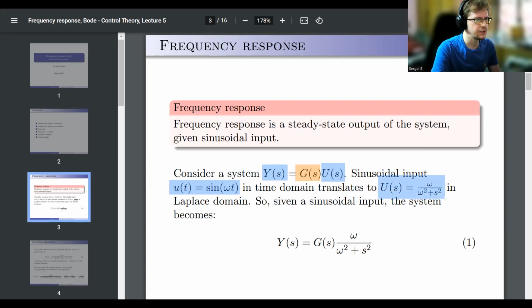That becomes something that we show here. I'm not going to show how it is derived, just how it looks when you transform the sinusoid into the Laplace domain.